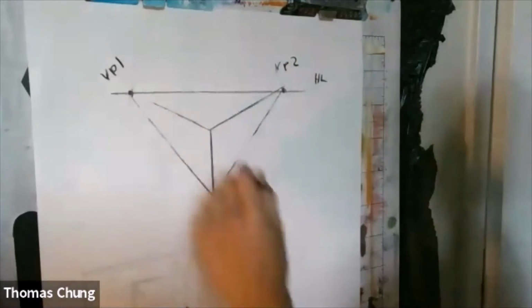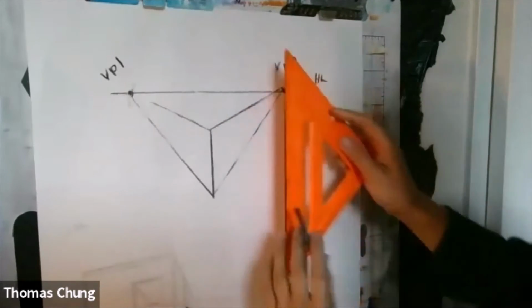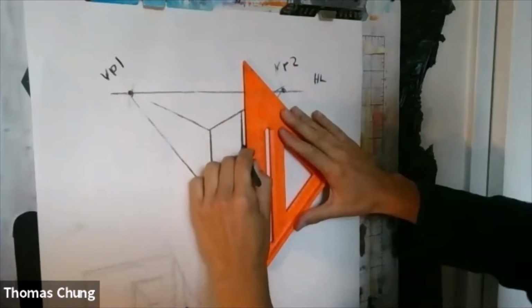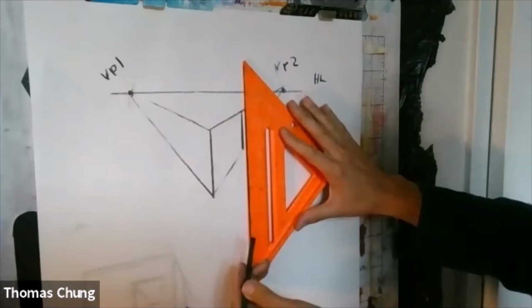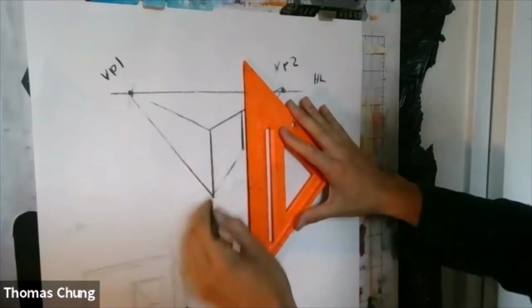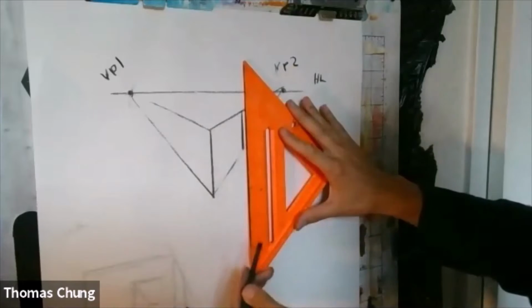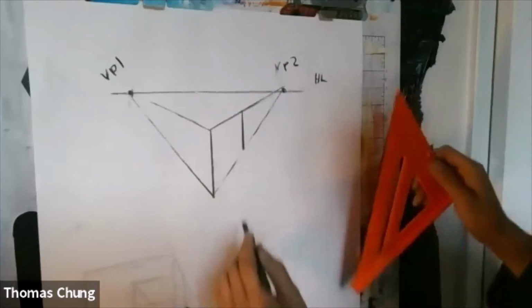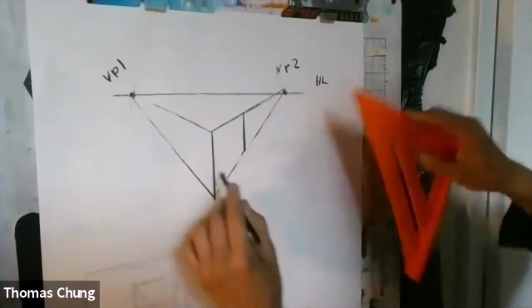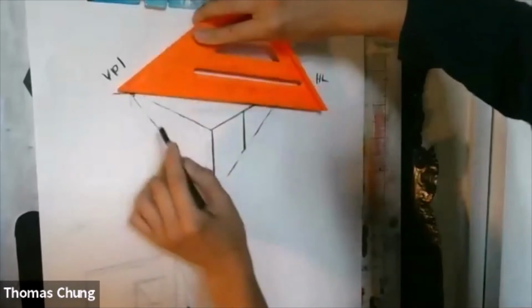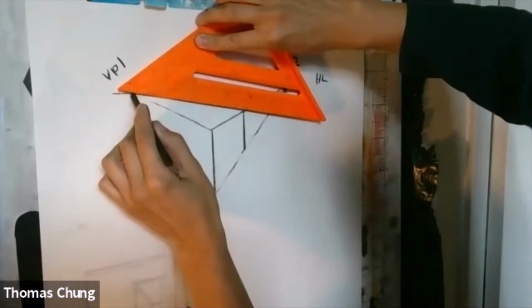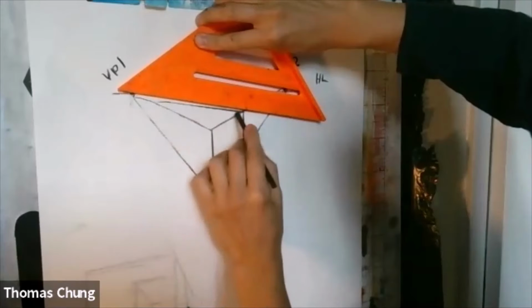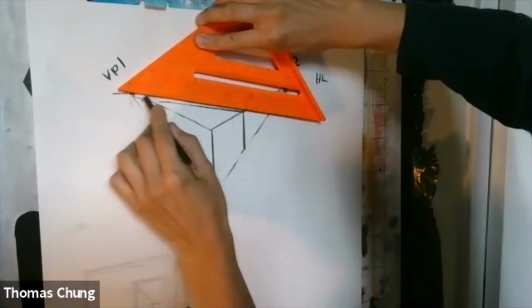And so now we've got the sides of our box, and I'm going to arbitrarily decide that the box ends here. So with the perfect vertical, because all lines in 2 point perspective are either perfectly vertical or aiming towards the 2 vanishing points. So now that the end of my box is decided, I'm going to take that point where the end of the box reaches the side, and I'm going to bring that corner to the other vanishing point.